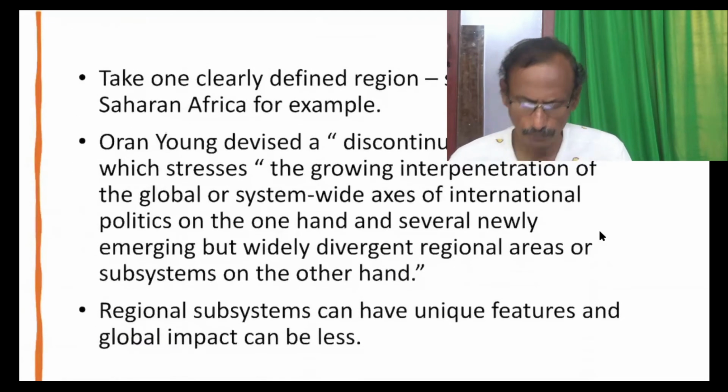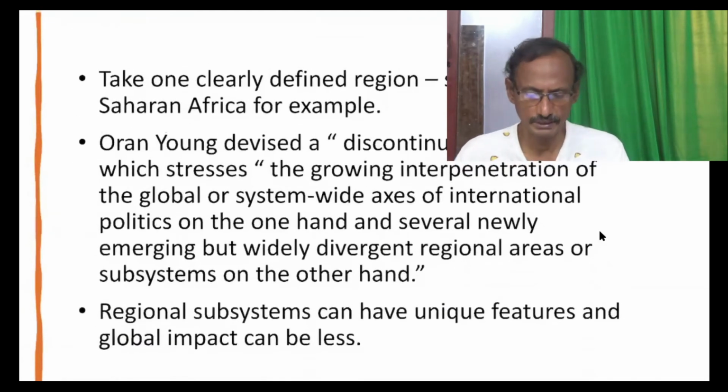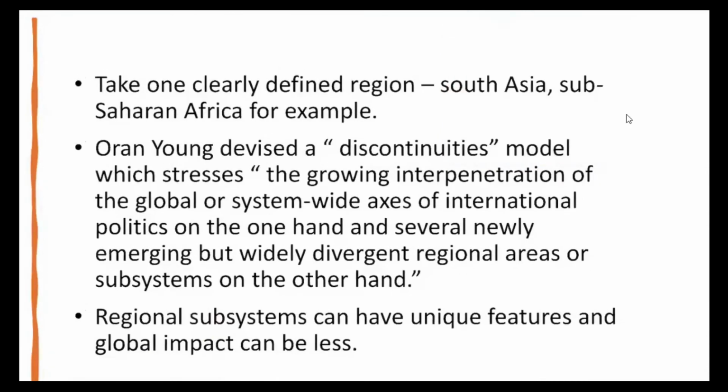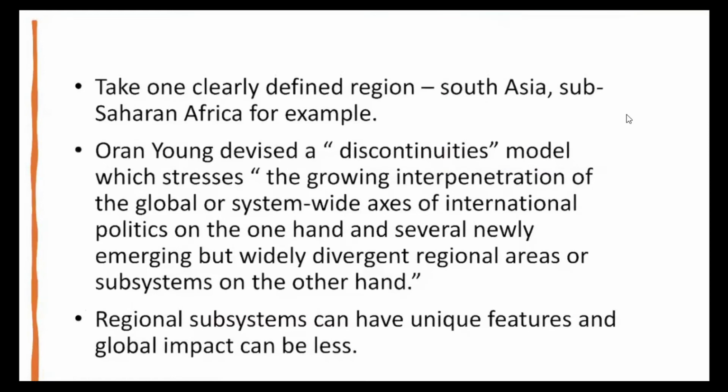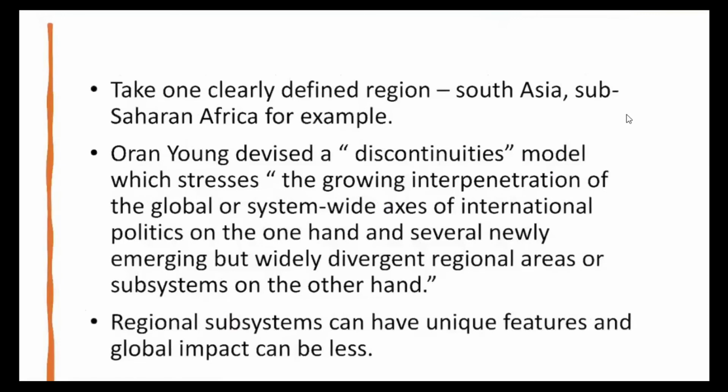And some people applied systems analysis not to the entire world, but to regions. For example, you can take South Asia as a system or Sub-Saharan Africa as a system, which means in the total system of international politics, they are subsystems. So you can apply a subsystem approach even to a subsystem.